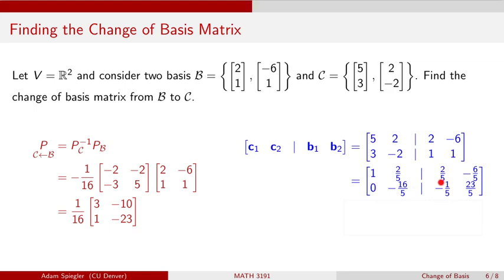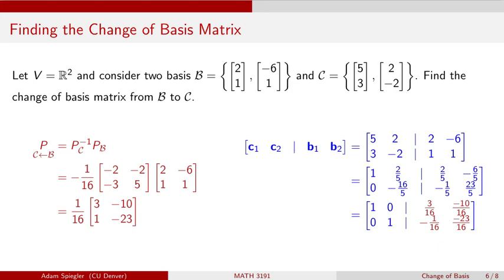That would give me this matrix. And then we continue this process. And at some point, we get down to this matrix where we have the inverse on the left. And the stuff on the right of this vertical bar is exactly going to be the change of basis matrix from B coordinates to C coordinates. So this is consistent with the result that we got over here.